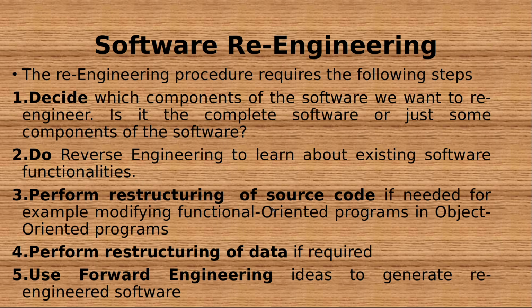After the reverse engineering process, we take the design, design code and everything, then restructure the source code. Perform restructuring of data; if we want to change the data, we can. Then use forward engineering, which means we develop the particular component.